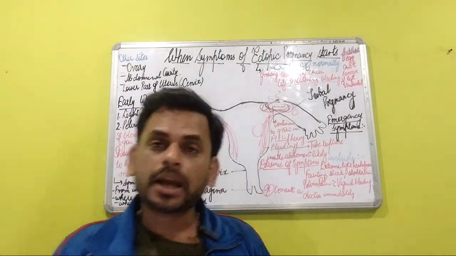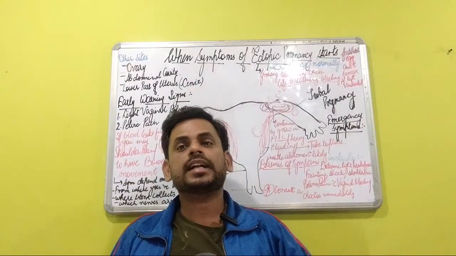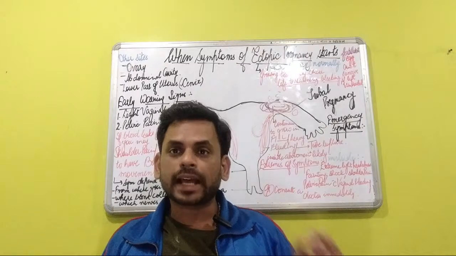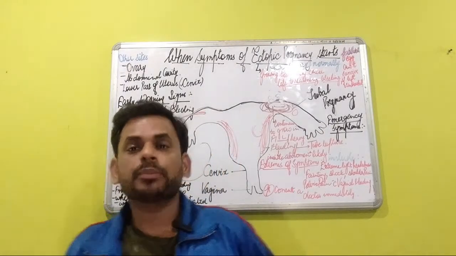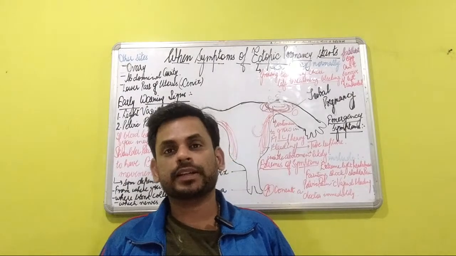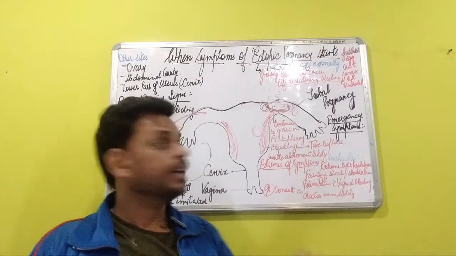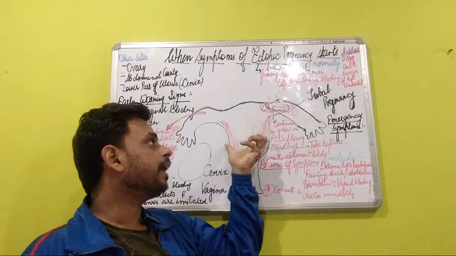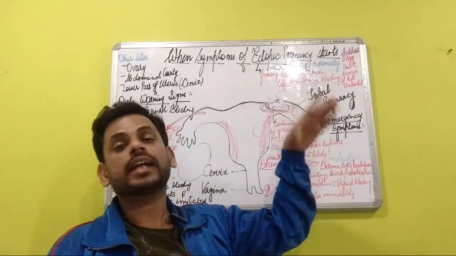But with ectopic pregnancy, the word itself refers to a site other than the usual site. In certain cases the fertilized egg, instead of implanting into the uterine cavity, implants somewhere else.